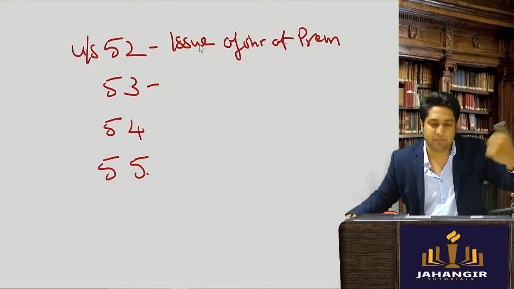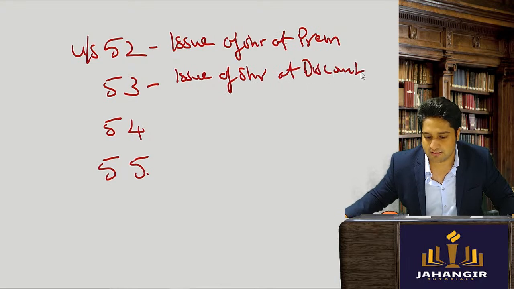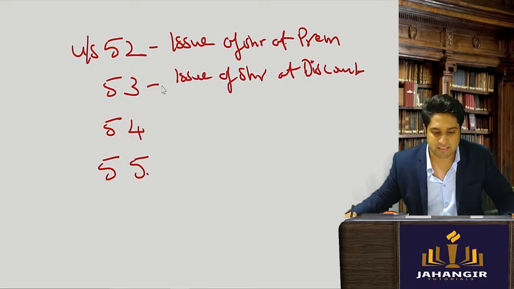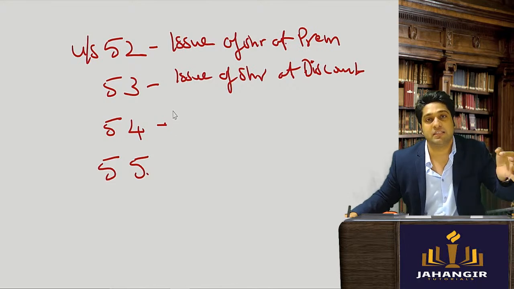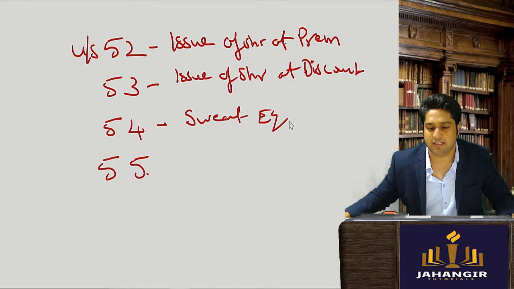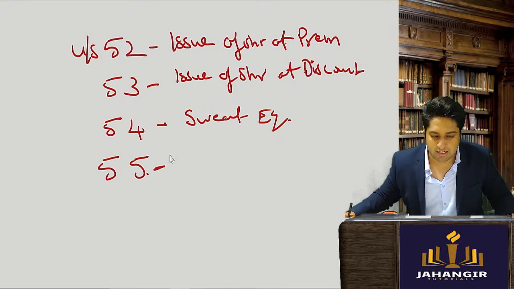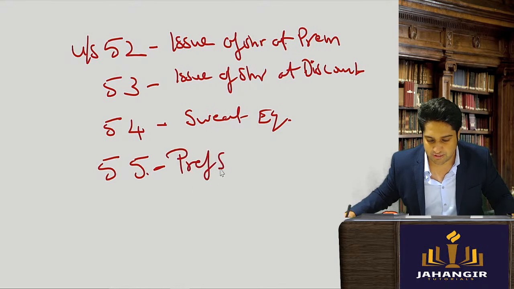Now if they're talking about premium, the very next section talks about issue of shares at discount. Discount is where they issue it at a lower price. Third, they talk about sweat equity shares, where equity shares are being issued at a discount. Your last one talks about preference shares.